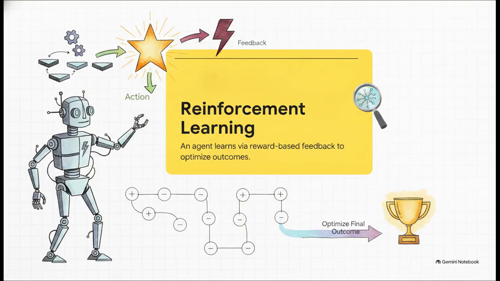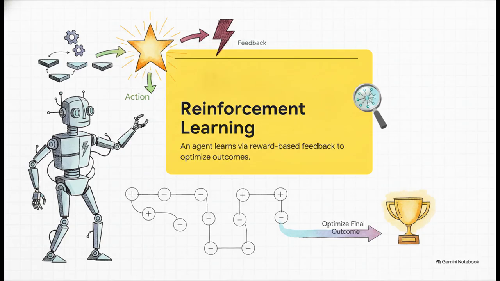This third and final core type in our ML triad operates on a completely different premise than the previous two. Reinforcement learning is an ML method where an agent learns through reward-based feedback. Think of it kind of like training a pet. The system, which we call the agent, takes an action. Then it gets reward-based feedback, a positive signal for getting closer to the goal or a negative penalty for making a mistake.